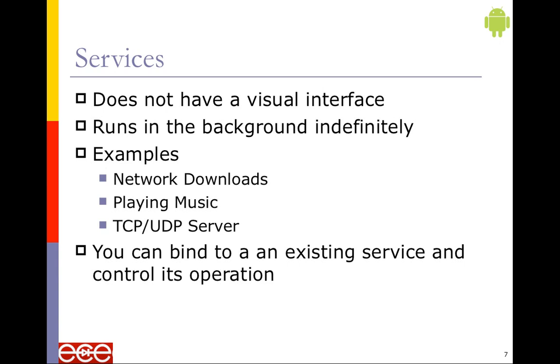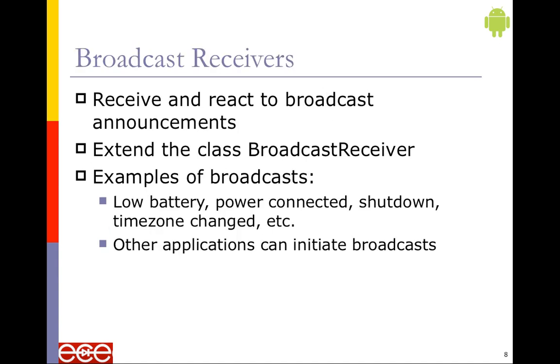You can bind to an existing service and control its operation. So when I say bind, it means it can communicate to an existing service. So a text message service, message notification, or broadcast receiver can communicate with the content provider, can communicate with a notification or something, and go ahead and provide information for that service.